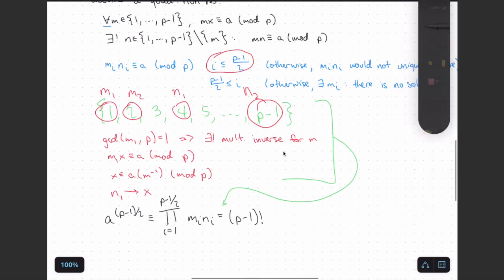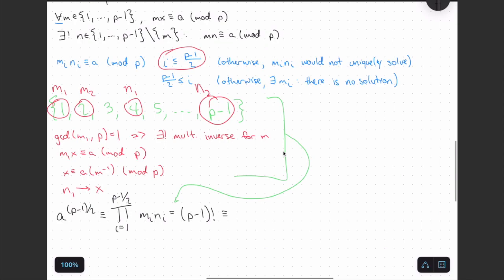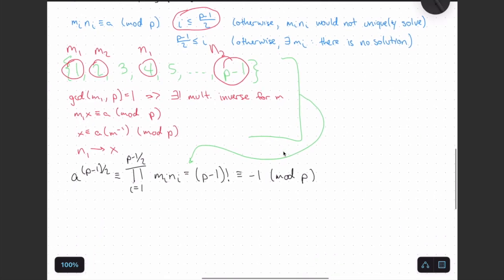But according to Wilson's theorem, this is equivalent to negative 1 mod p. Now we can look at this briefly for Wilson's. Wilson's requires that p is prime, which we satisfied by our assumption.